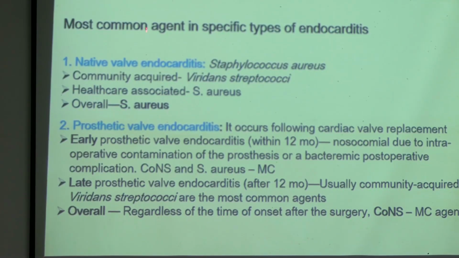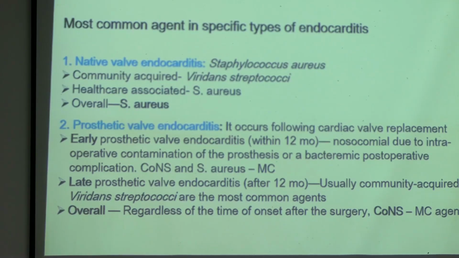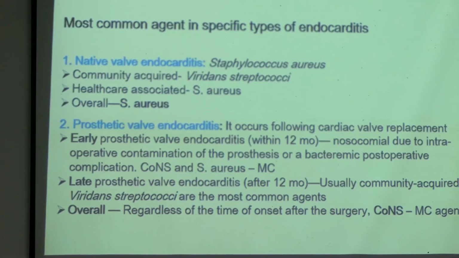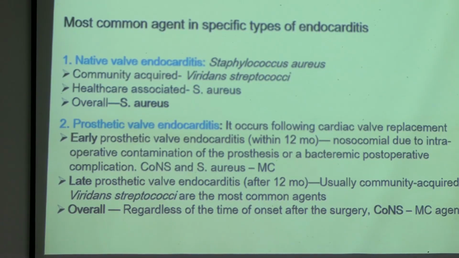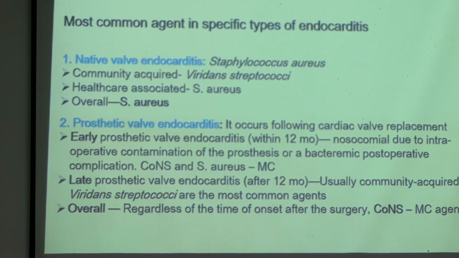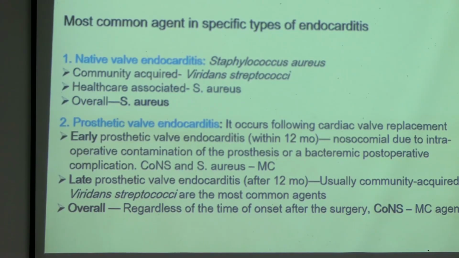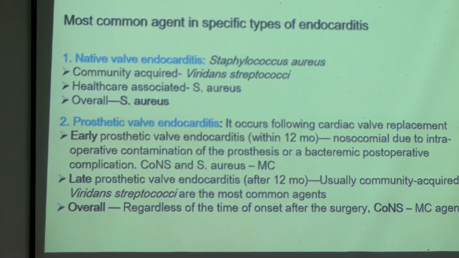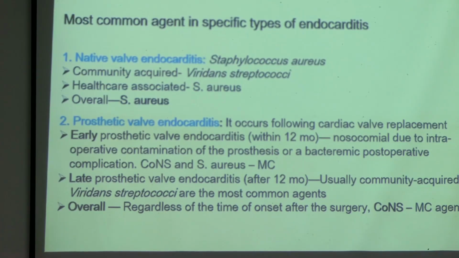So if it is a native valve endocarditis, what is native valve? Your own valve, the own deformed or scarred valve. If your native valve is involved, mainly Staph aureus is responsible.